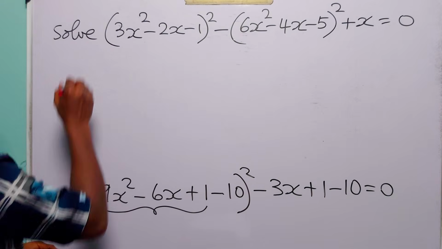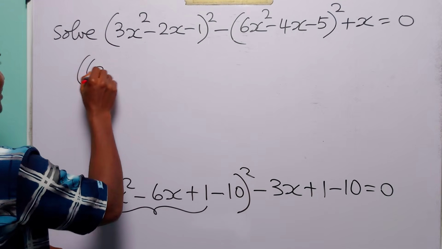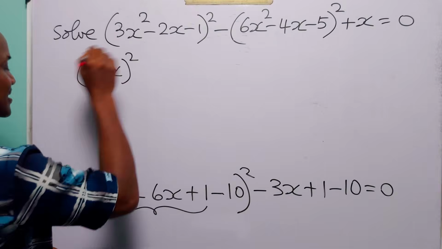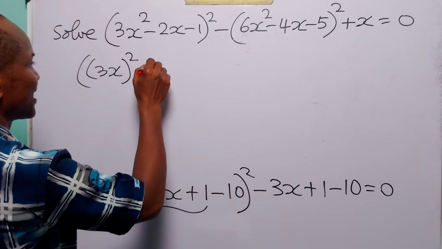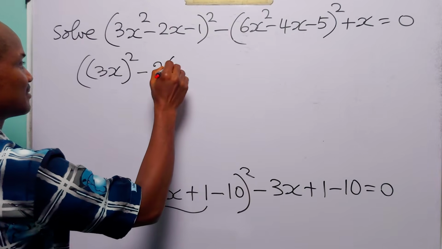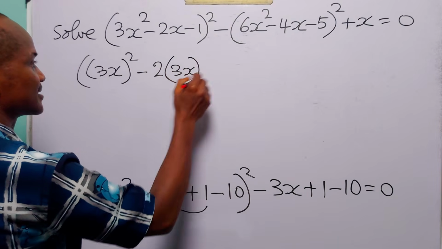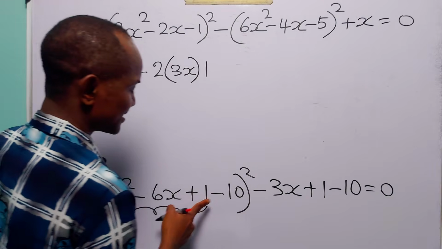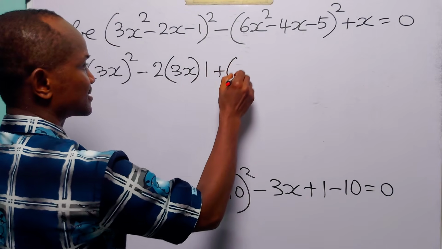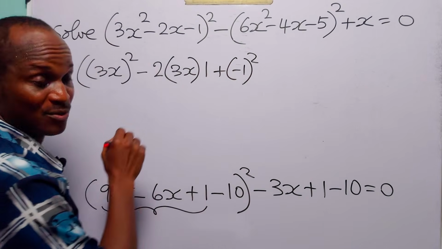We can write 9x squared as (3x) squared. We can write minus 6x as minus 2 times 3x times 1. And of course, we can write 1 as (minus 1) squared.